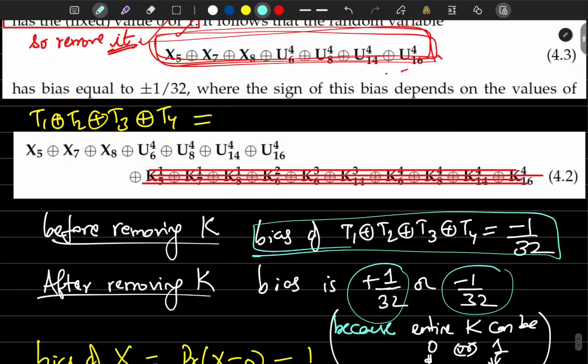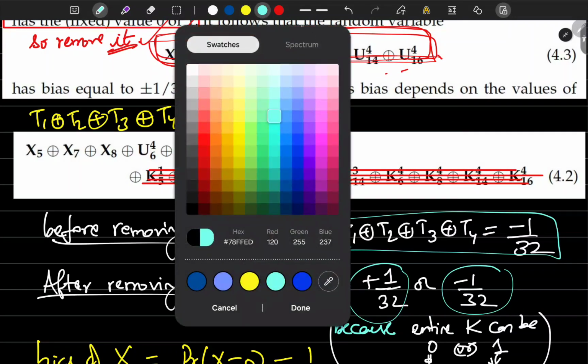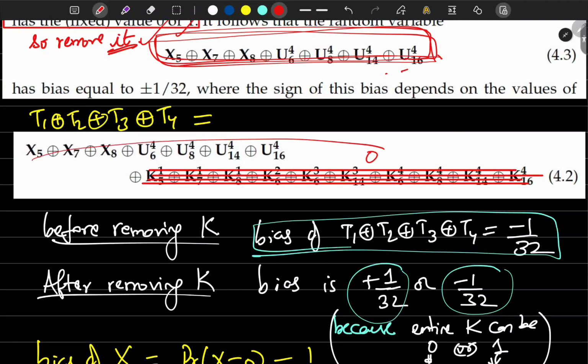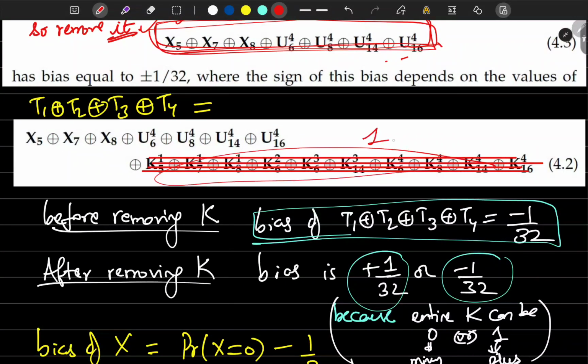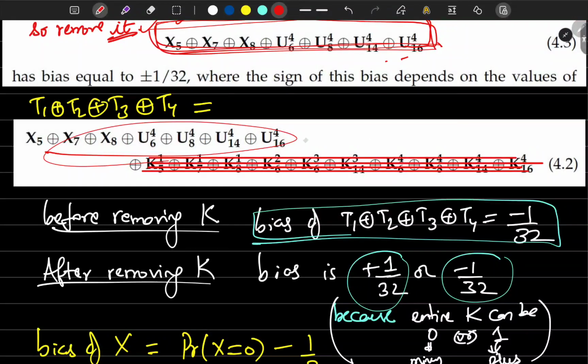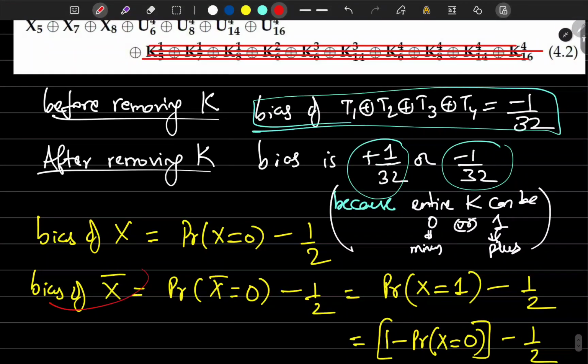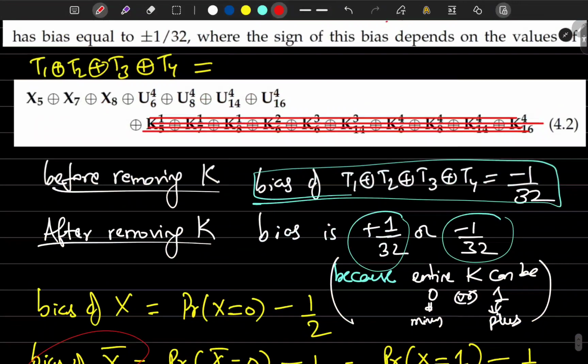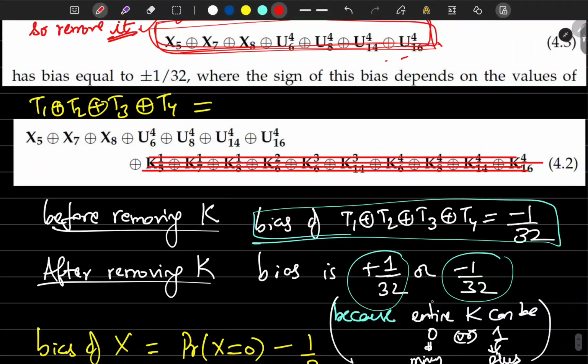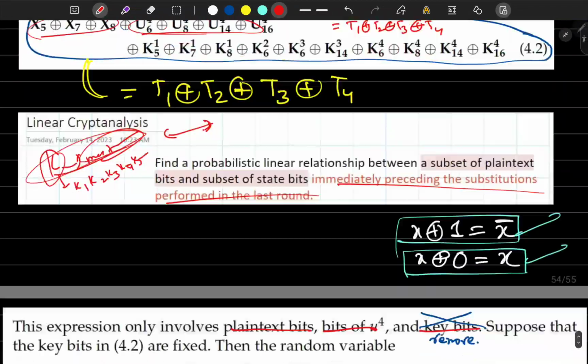Suppose this whole value becomes 0, then this whole value is nothing but this only, and this value is nothing but -1/2. Keep it as it is. Suppose this whole value becomes 1, then x1 bar, this will become a random variable like this, then it will become x bar, and the bias of x bar is minus the bias of x, as I have discussed previously. So minus into minus will become plus. You have to understand this.